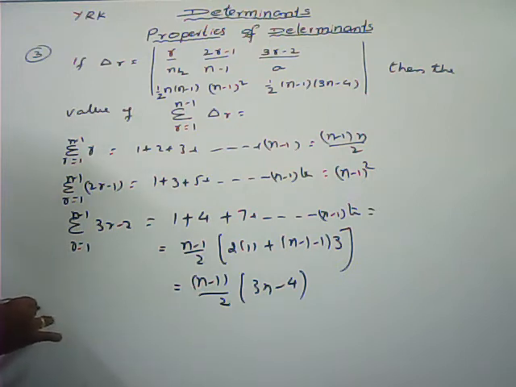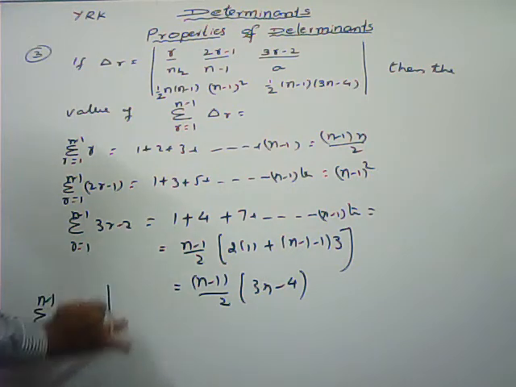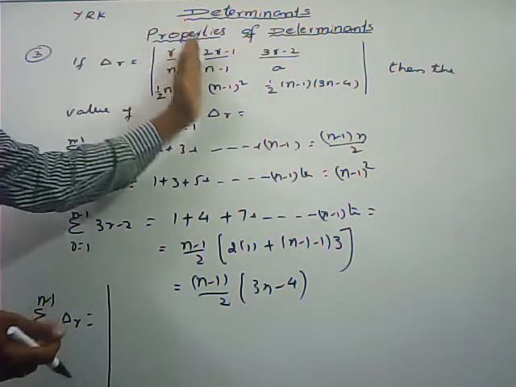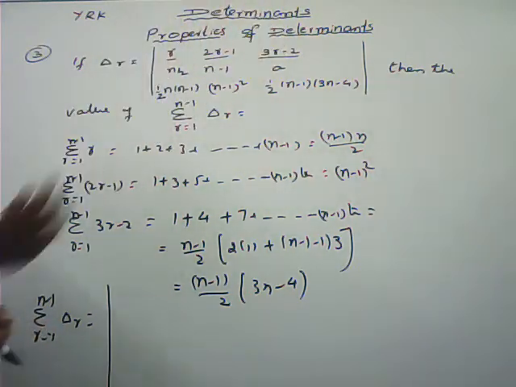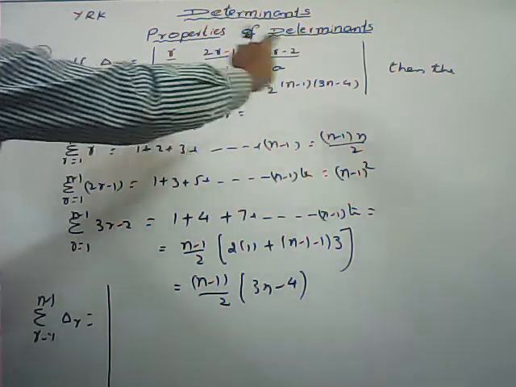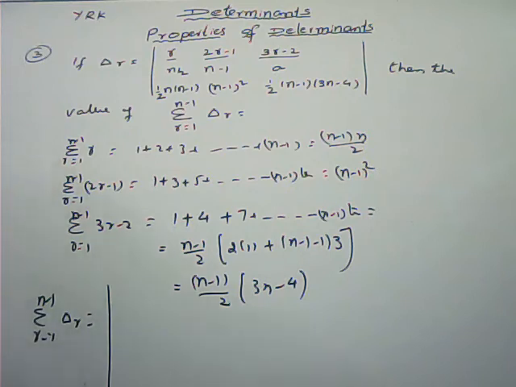Here, sigma r equals 1 to n minus 1, delta r is equal to, here r equals 1, r equals 2, r equals 3, and so on, r equals n minus 1. Everywhere R2 and R3 are the same only. So now we can add the corresponding elements of R1.